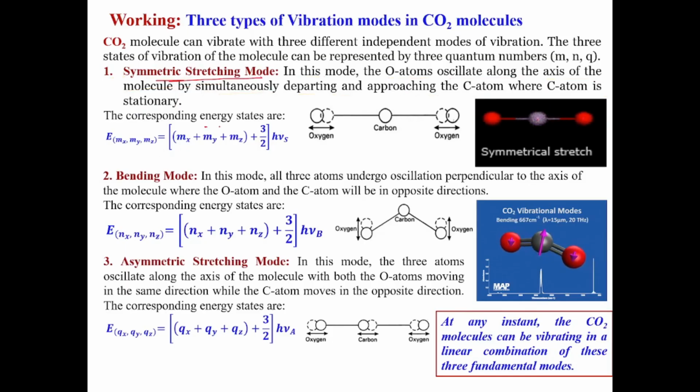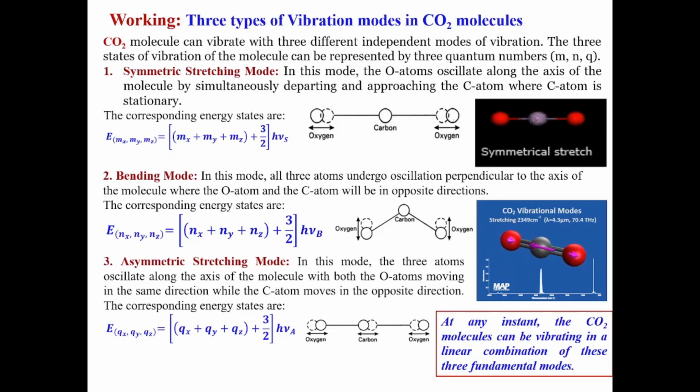The corresponding energy states, if I consider 3 dimensions, suppose this molecule is in 3-dimensional space, will be written as (mx + my + mz + 3/2) h nu s, where m is the quantum number, x, y, z are the components, and nu s represents the frequency belonging to the symmetric stretching mode.